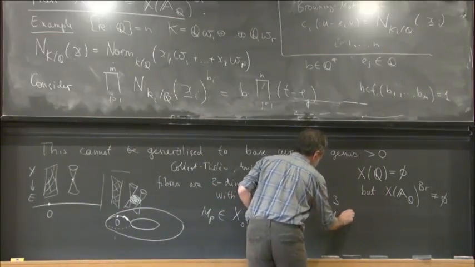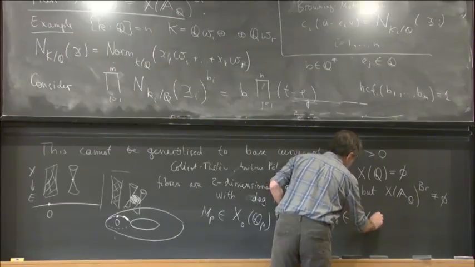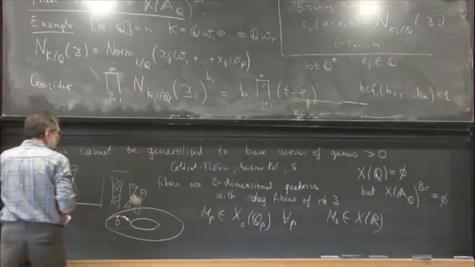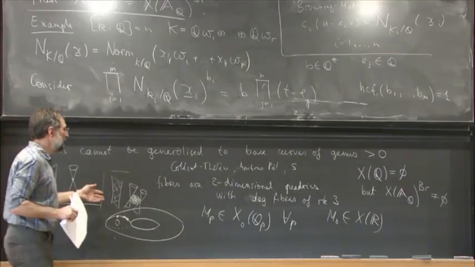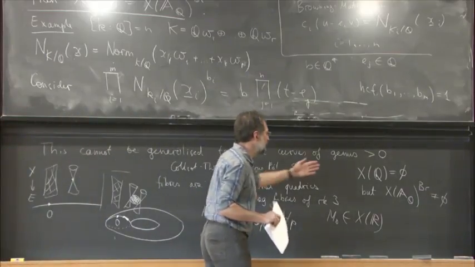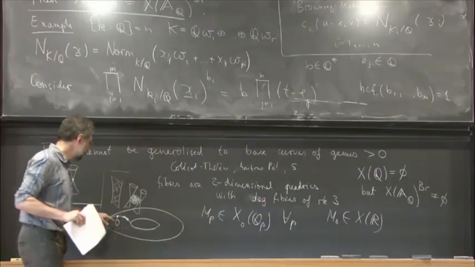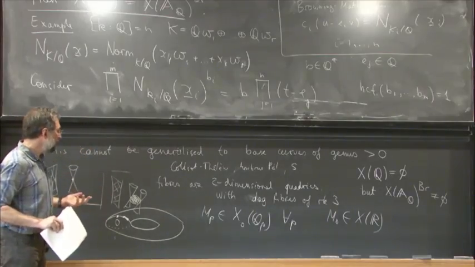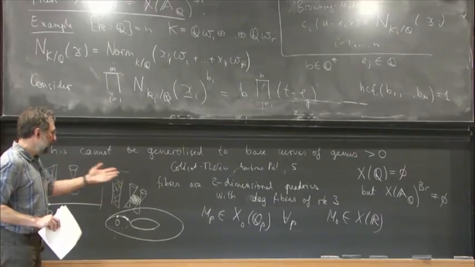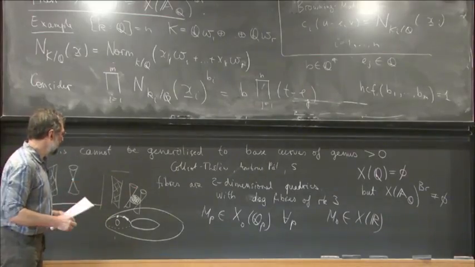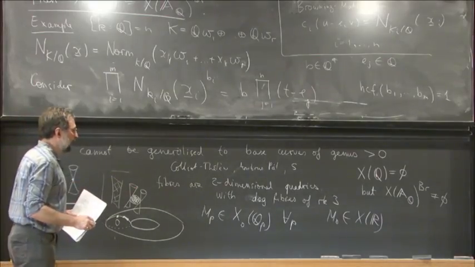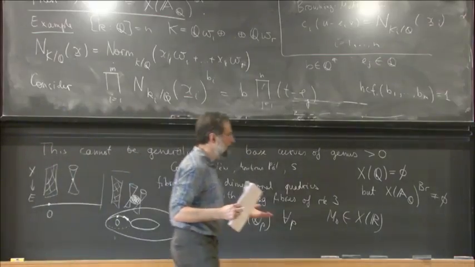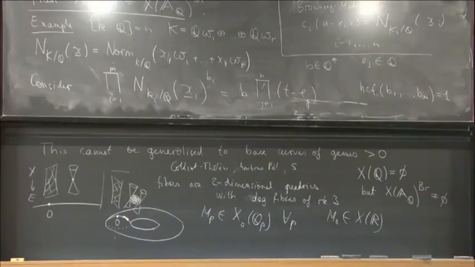Now, obviously, this threefold contains no rational points, because all rational points must be in the fiber above the unique rational point on the base, and there is no real point in the fiber. But if you take an adelic point of this kind, we can show that this adelic point satisfies all the Brauer-Manin conditions.